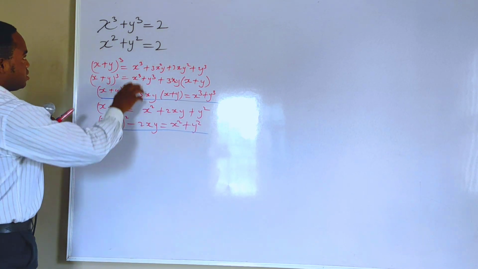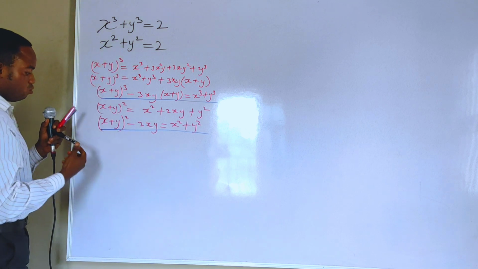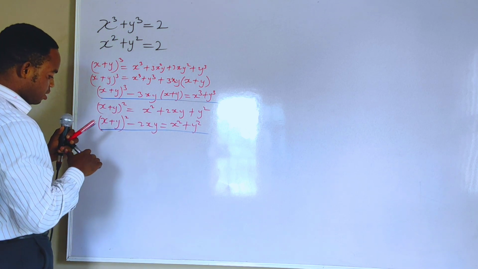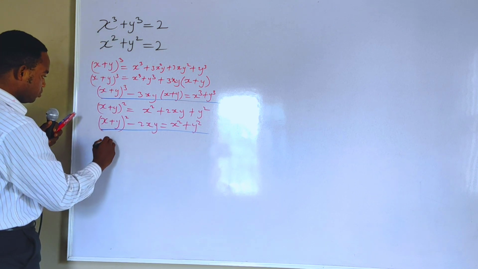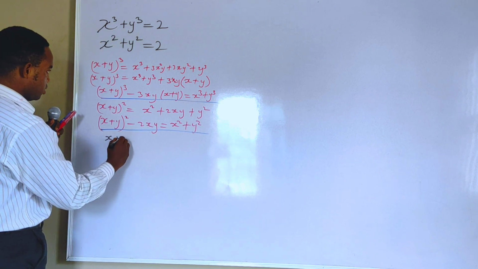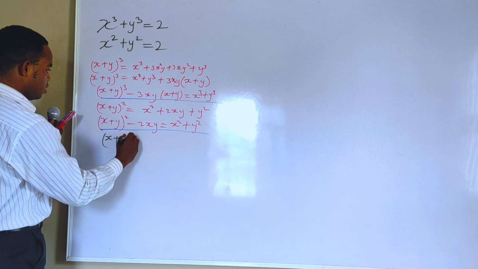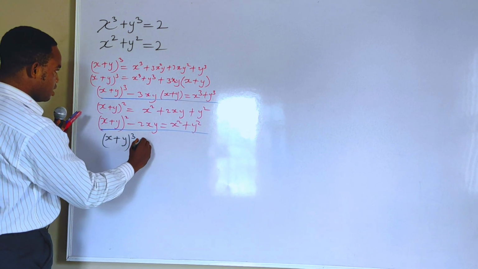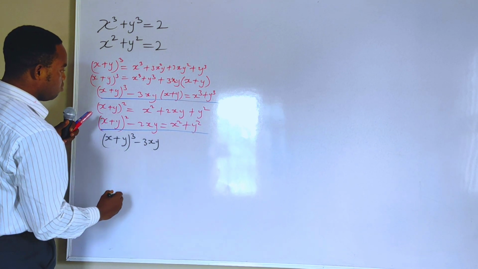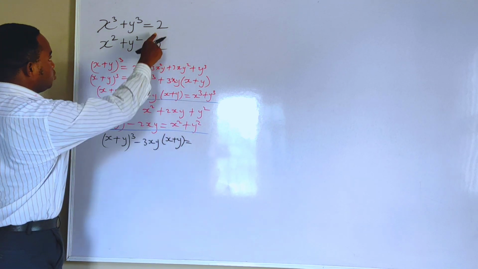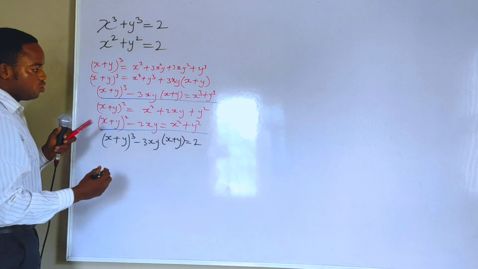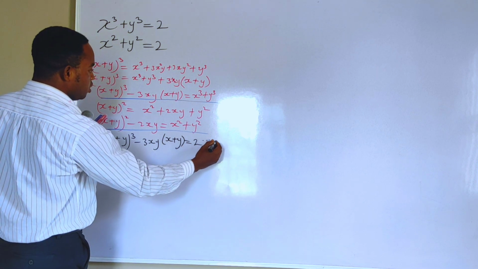Let us replace what we have in the equation here with things we have here. So this becomes x plus y raised to power 3 minus 3xy into x plus y is equal to 2.